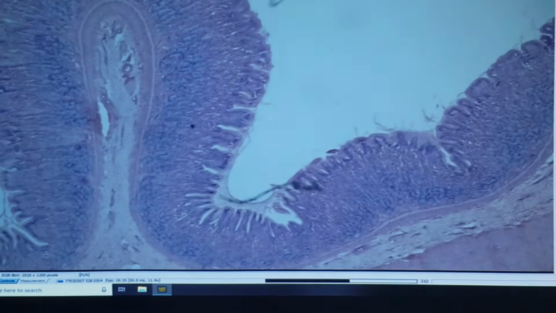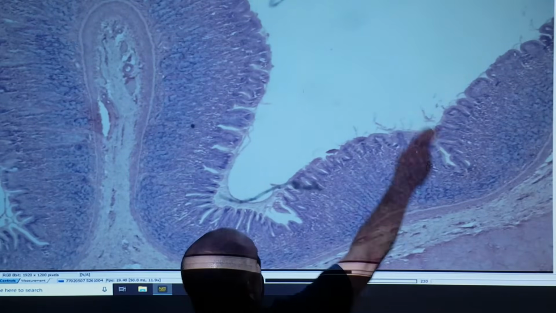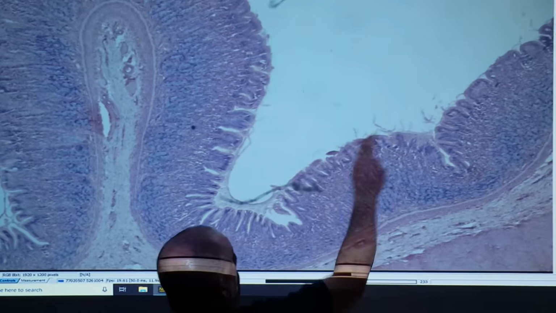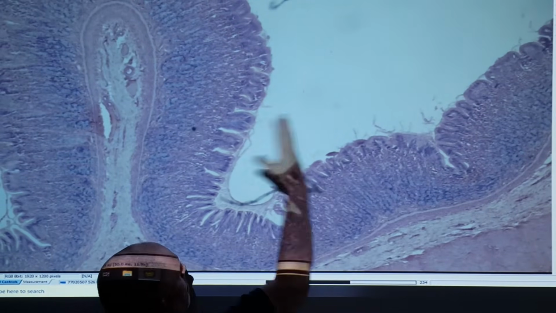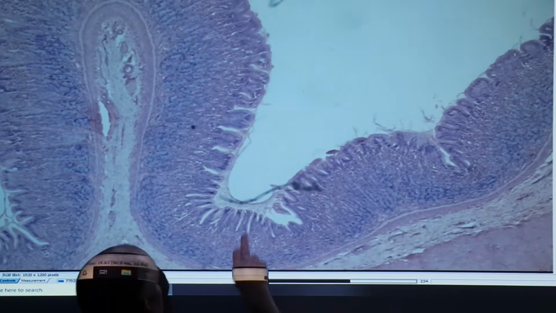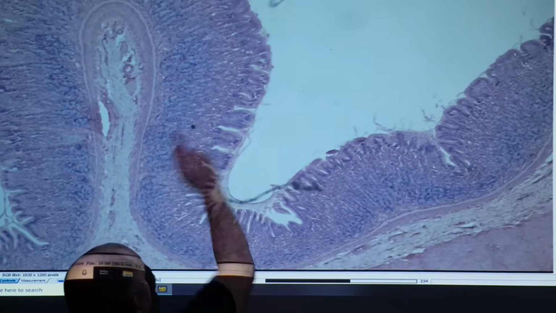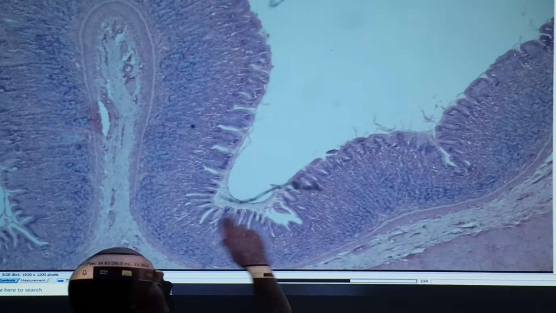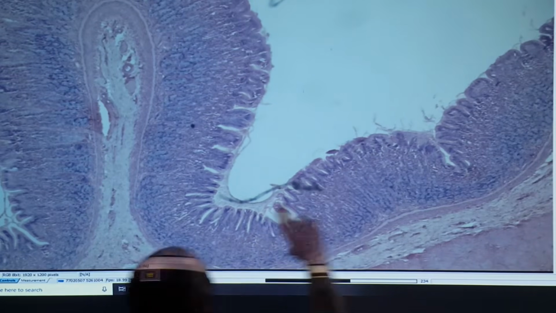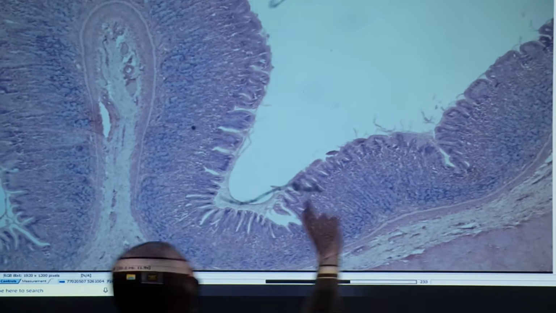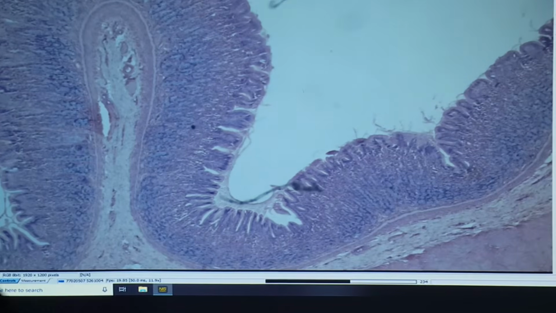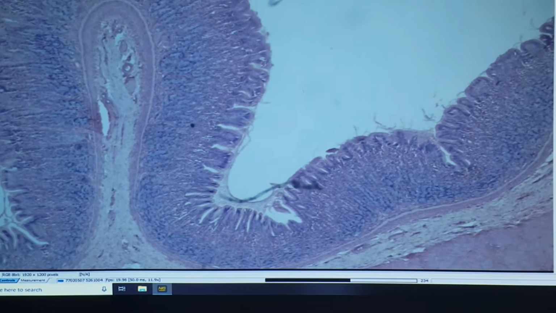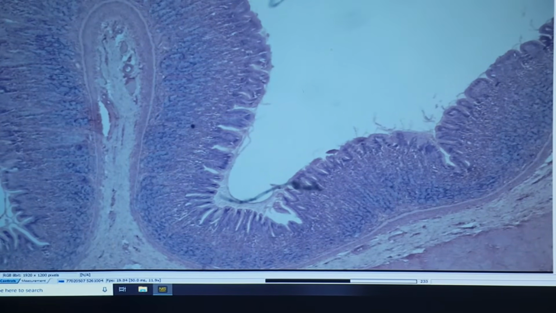Let's look around a little bit on this slide. So here is one of the rugae. So if I put a dot right here, rugae. Notice the gastric pits here, a little bit of gastric mucus there. This layer, that is the epithelium that I can see right here, that is the mucosa layer.